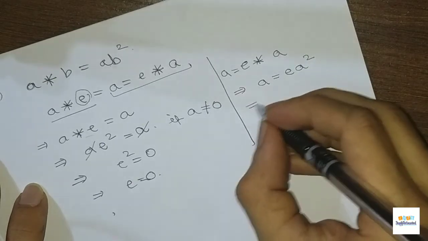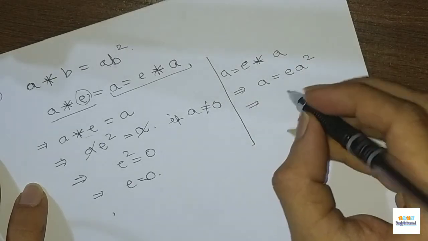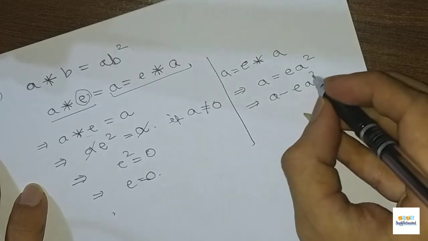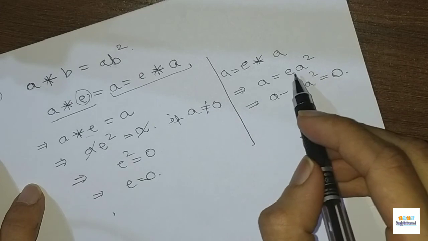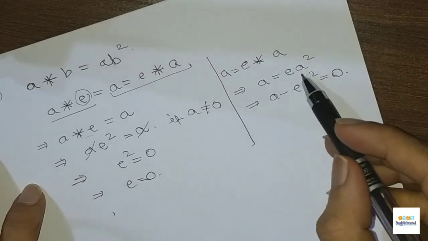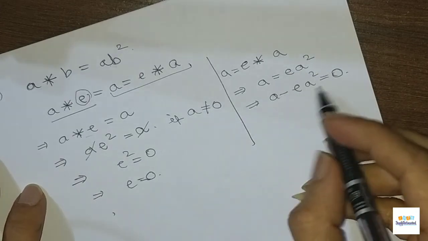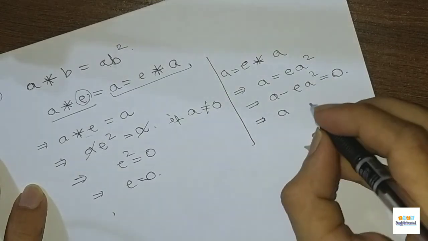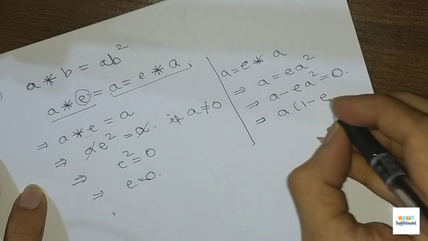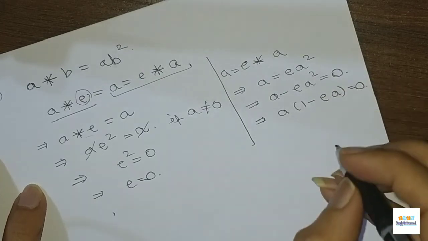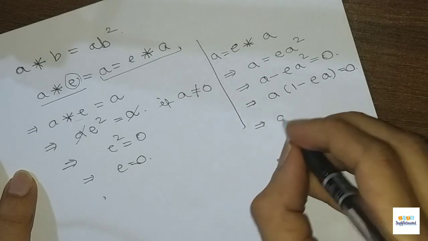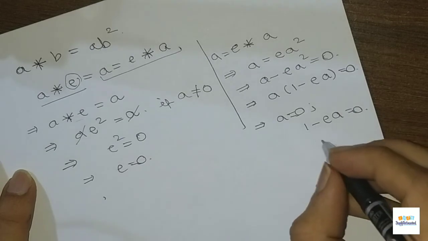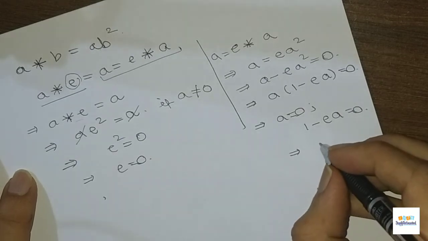Now if you simplify this, what you will get is a minus e times a square is equal to 0. I am bringing e times a square to this side, so you'll get a minus e multiplied by a square is equal to 0. Now if you take a common, you will get a times 1 minus e a equal to 0. So that means a is equal to 0 or 1 minus e a is equal to 0.